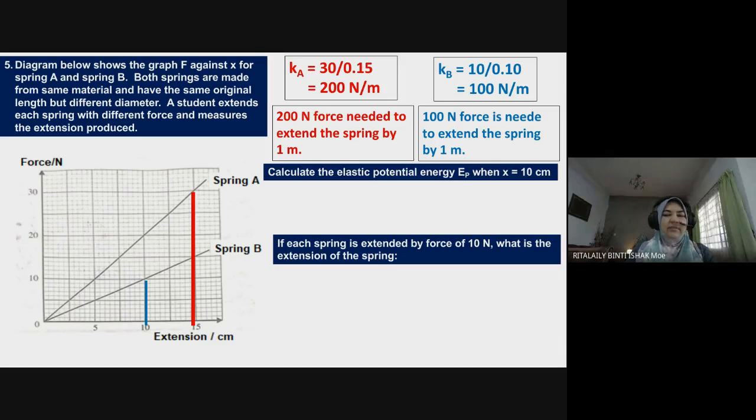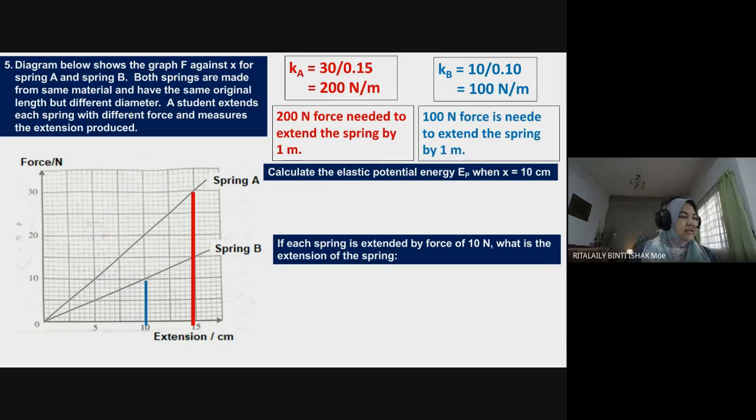What is the elastic potential energy for spring A and spring B? Yes, Ashley? What is your answer?